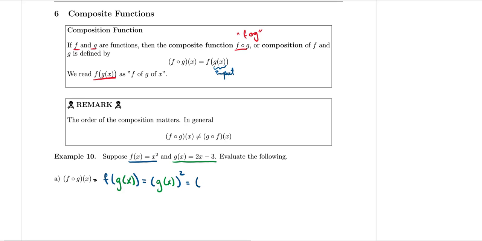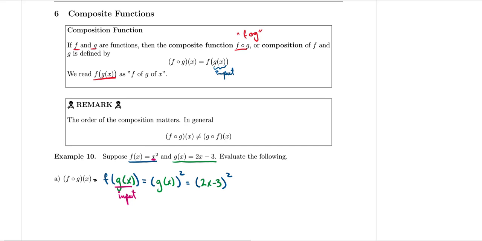The g was the 2x minus 3. Okay, so we take the 2x minus 3 and we square it, again because the g was the input. And the function f was telling us to take your input and square it.